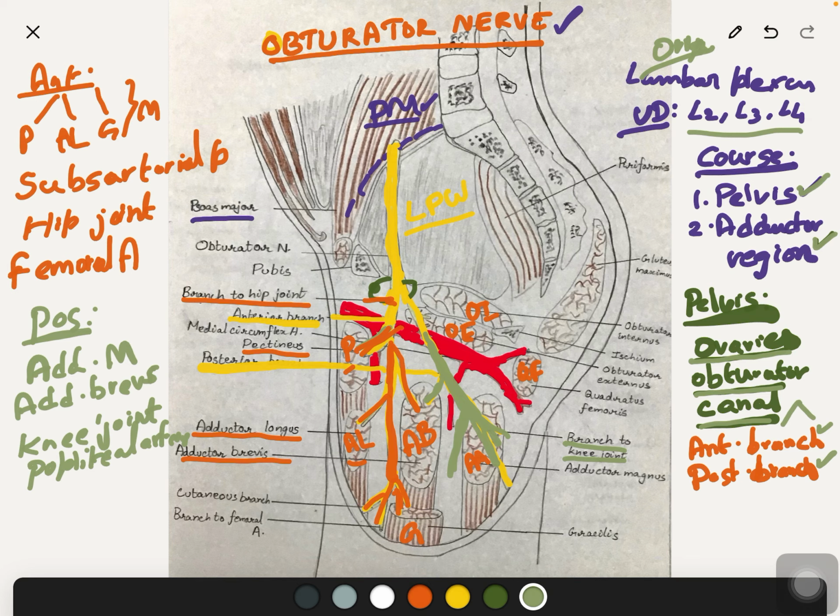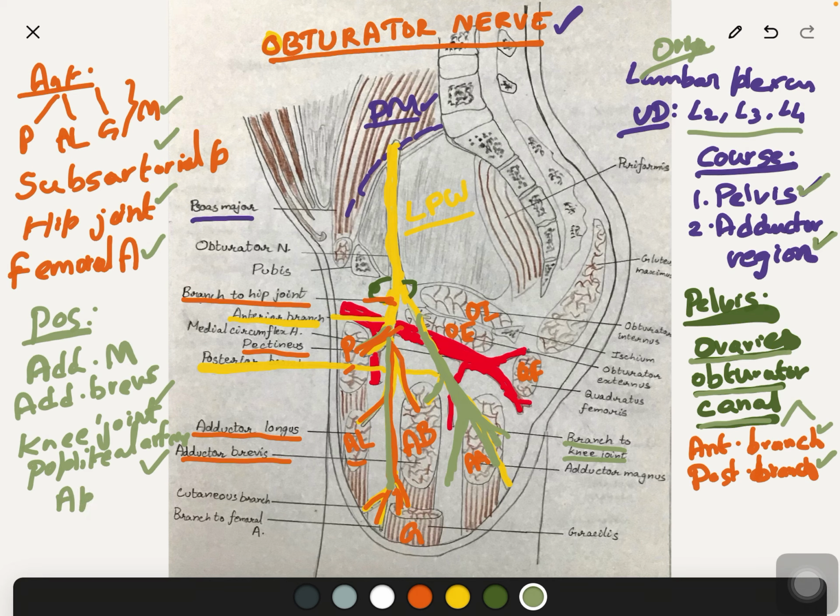The anterior branch descends behind the pectineus and adductor longus but in front of the brevis. The posterior division descends behind the brevis and in front of the adductor magnus. Both supply muscles, cutaneous is given only by the anterior division, articular and arterial branches are given by both the anterior and posterior divisions. So we have completed the branches of the obturator nerve.